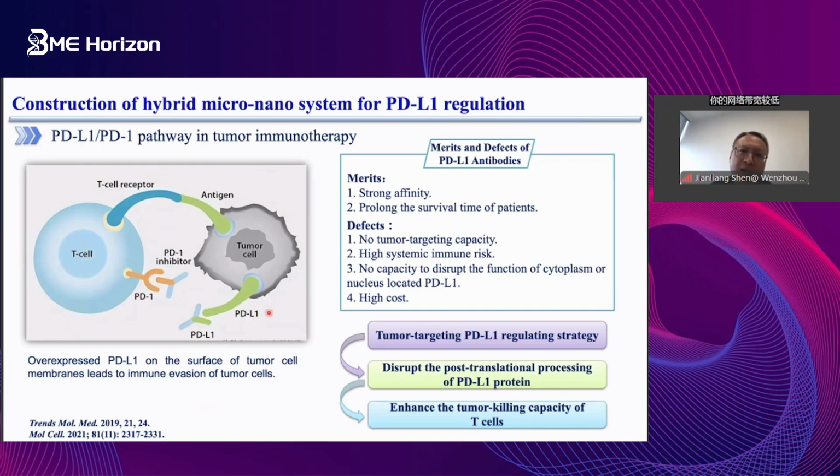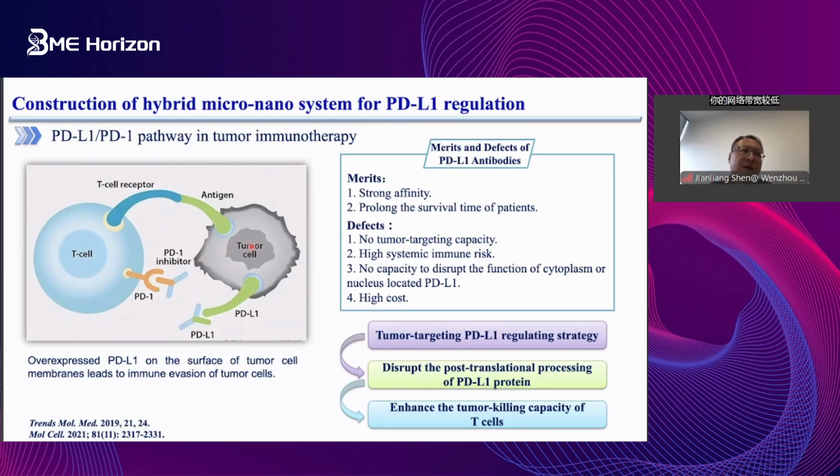We just want to downregulate the PD-L1 in the tumor cells or tumor tissue. And sometimes antibodies can only downregulate the PD-L1 on the surface. But with chemotherapy or radiotherapy, PD-L1 is overexpressed not only on the surface, but also in the cytoplasm, mitochondria, and other places.